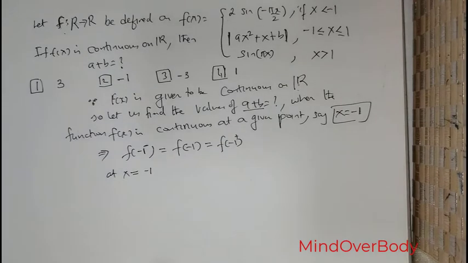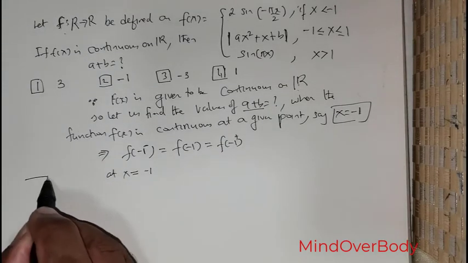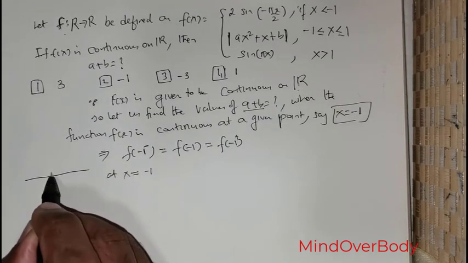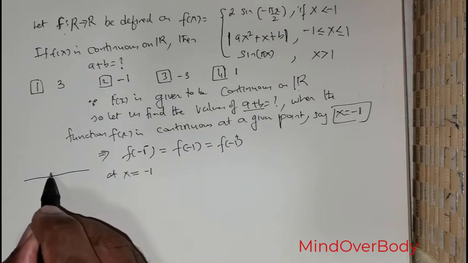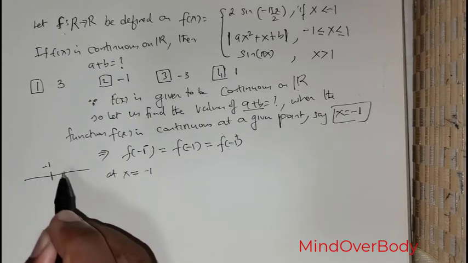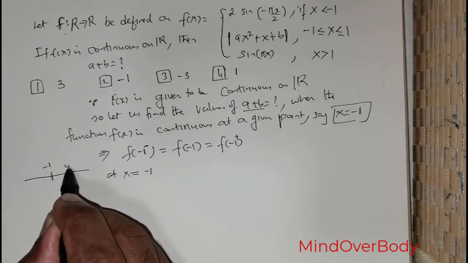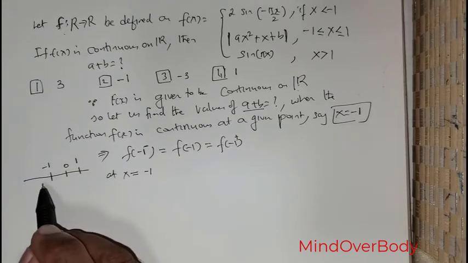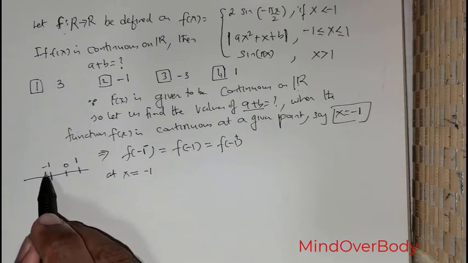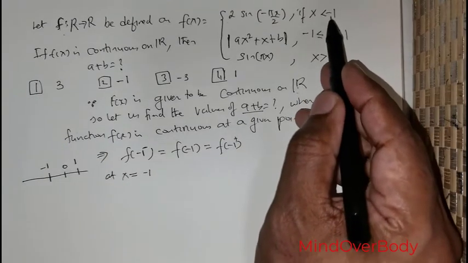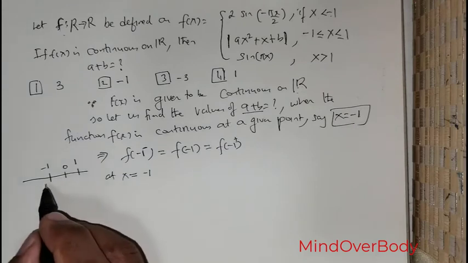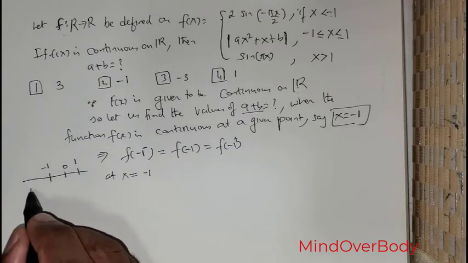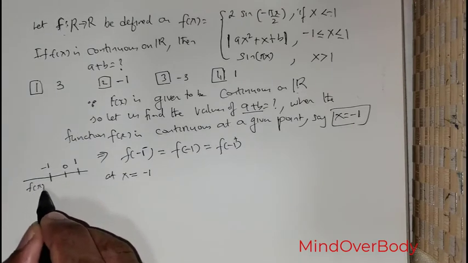So let's do that. So what happens here is that we are actually having the number line. So this is going to be negative 1, this is 0 and this is positive 1. So we are looking at x which is less than negative 1. So that means we are looking at a function which is on this side.